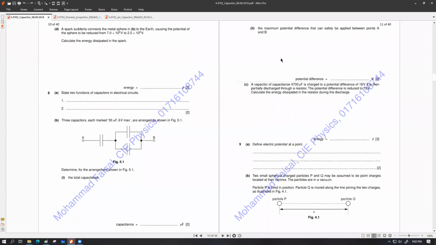Try to understand what it is saying. What is the maximum voltage that you can safely apply across the plates of this combination? You would not want any of these capacitors to go above their rated voltage. What is the rated voltage of this capacitor? 6 volts. You cannot allow any of the capacitors to have more than 6 volts across them. The way I have discussed earlier, go by the understanding of charge for the segregated or disconnected part.